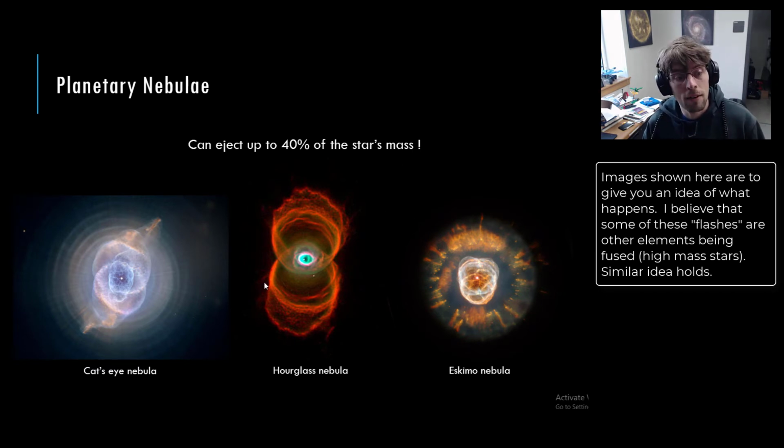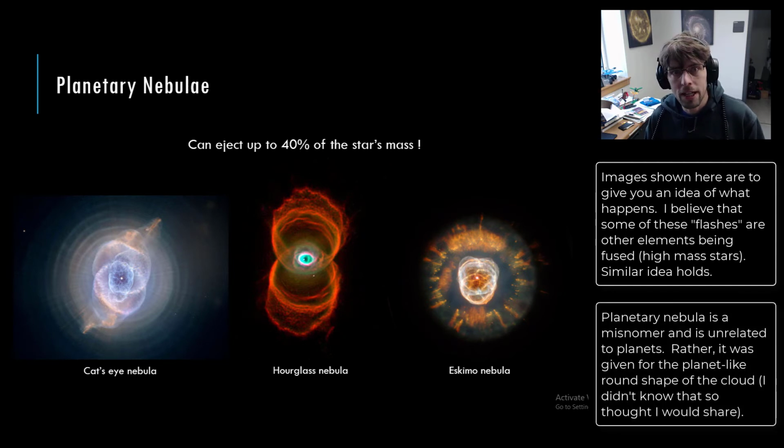And every time you have a helium flash, you eject layers of the star out into space. This process can actually eject up to 40% of the star's mass just out into space. This, first of all, gives us some very pretty pictures, but in addition to that, that material turns into clouds of gas, which can be incorporated into new stars and or planets.